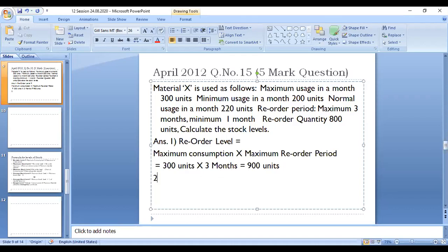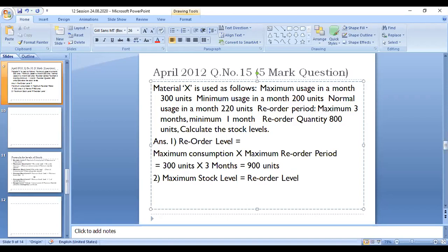Next, the second one is the maximum stock level. What's the formula for the maximum stock level? When you are performing the calculation of the maximum level or minimum level, you have to start with the previous answer, the reorder level.